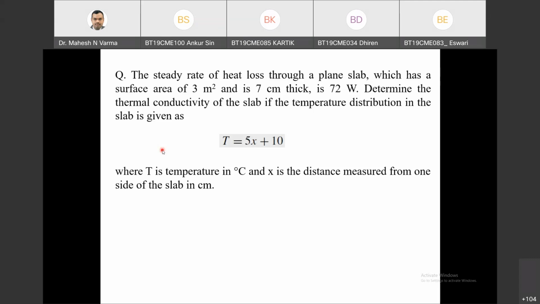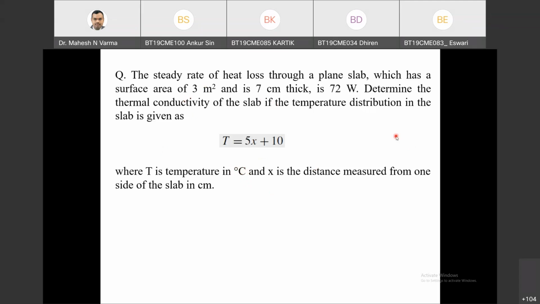No, sir. Why you don't need? Sir, because it is given in the form of expression, sir. No, it is given in the form of an expression, but this is in degree Celsius, no? Yes, sir. So why does this degree Celsius need not be converted to get the thermal conductivity in degree Kelvin?